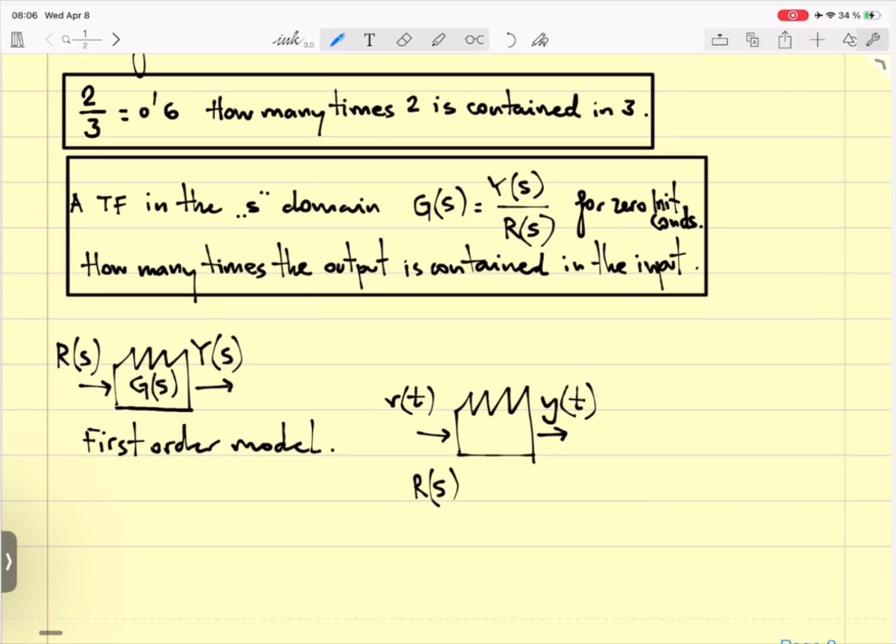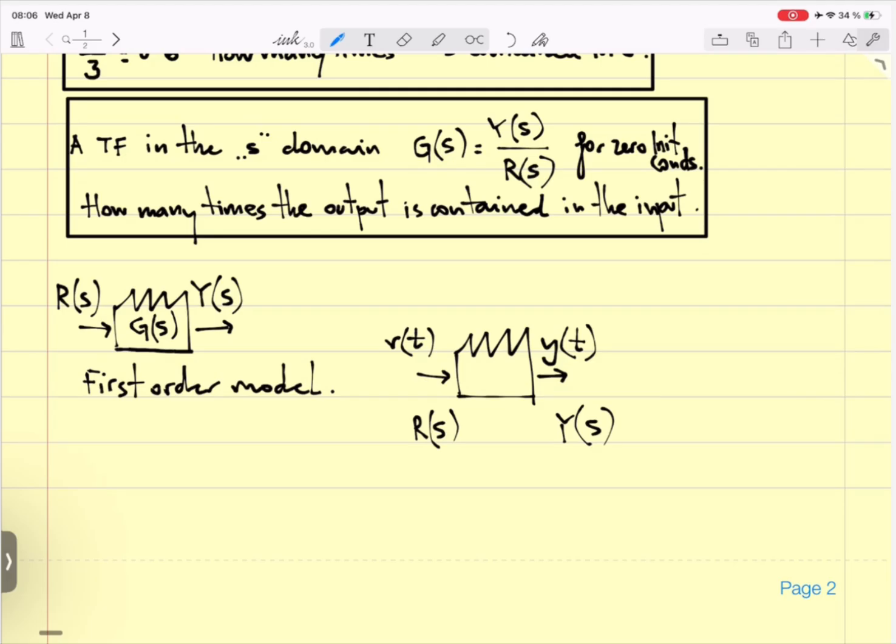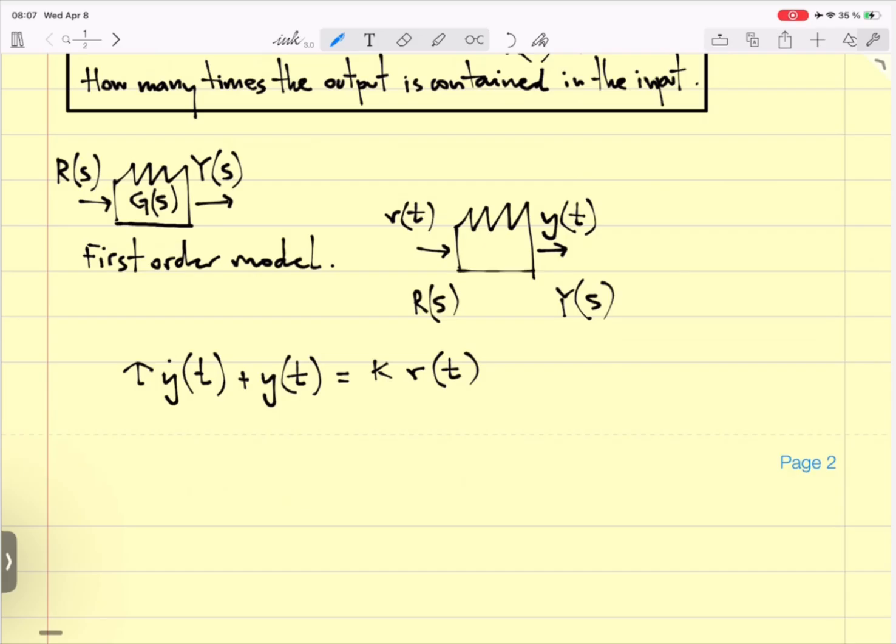So we have r of s, we have y of s, and we know that our model is first order, so we are going to describe it like this. Tau, time constant, first derivative of the output plus the function output equals some constant k, and then the system there. Okay, so we want to know what is the transfer function here. Yeah, for initial conditions 0.